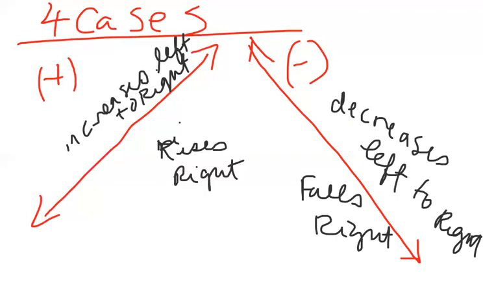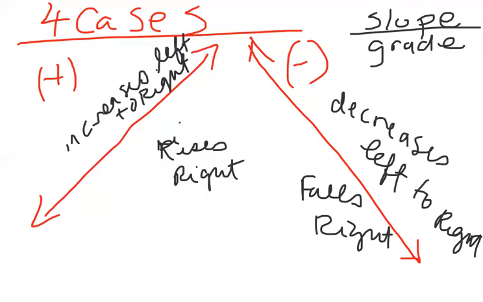By the way, guys, I forgot to mention this when we talk about slope, okay? Other terms that could mean slope: the grade or gradient of a road, how steep is that road? The pitch of a roof, okay?